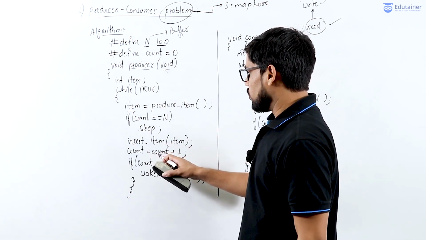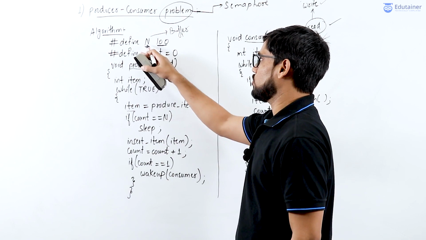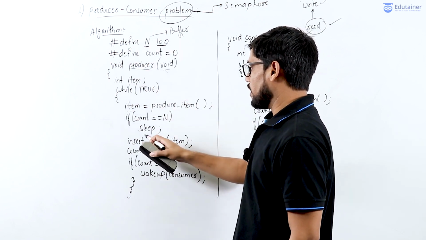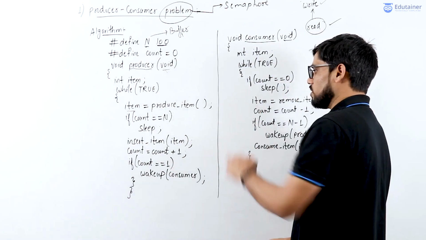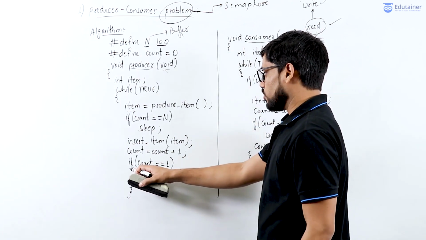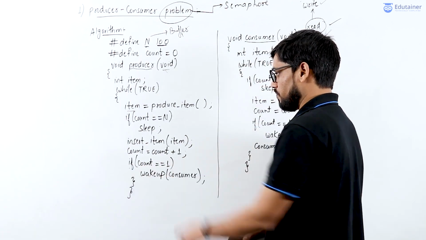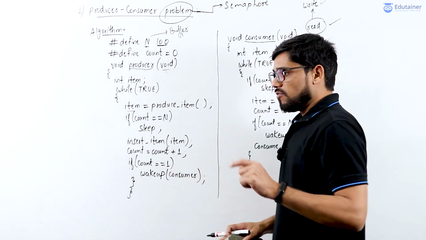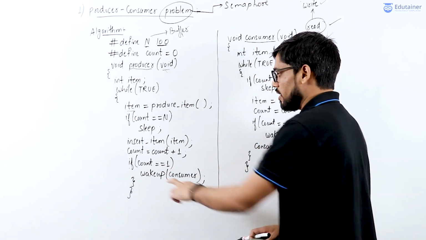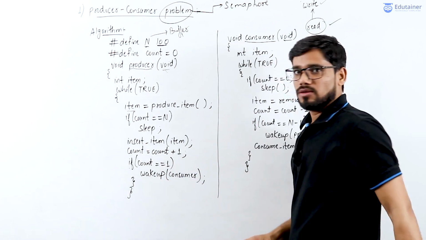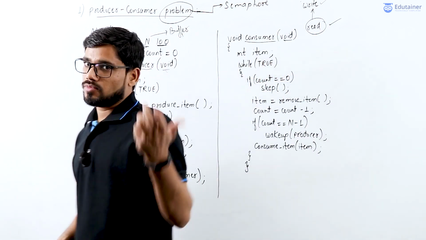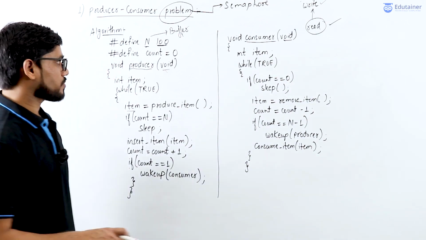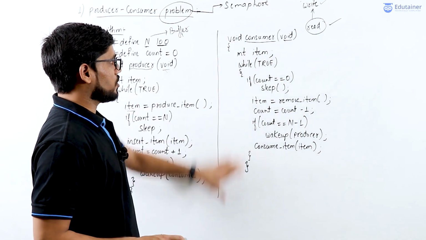After some time count is equal to N, which means the buffer capacity is full, and now the producer goes to sleep. But before it goes to sleep, it will wake up the consumer. How will it wake up the consumer? If count equal to 1, meaning whenever it produces a single item, it will wake up the consumer, so that the consumer can consume the item after that. Now let's see the function of the consumer.